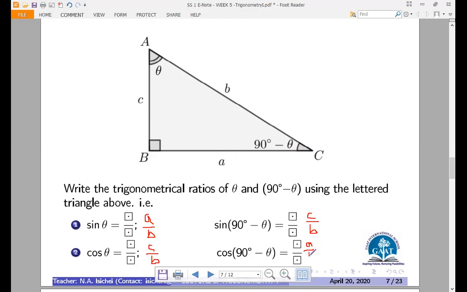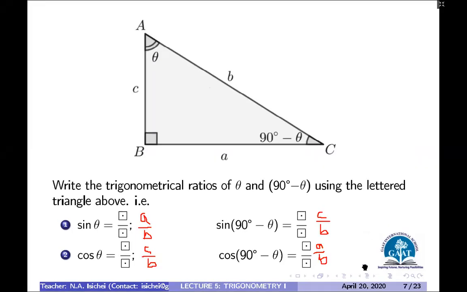All right. When you observe these ratios carefully, I believe you've noticed something. And what is that thing? Let's go to the next slide.